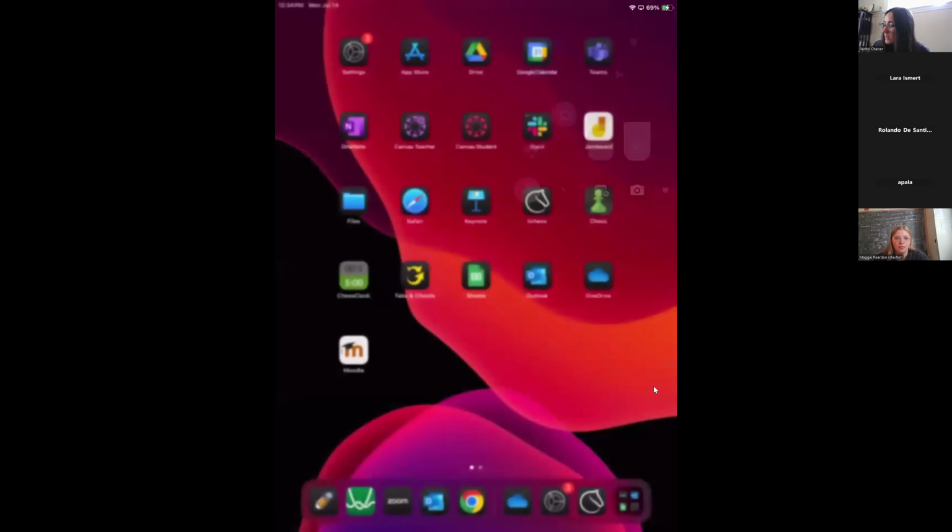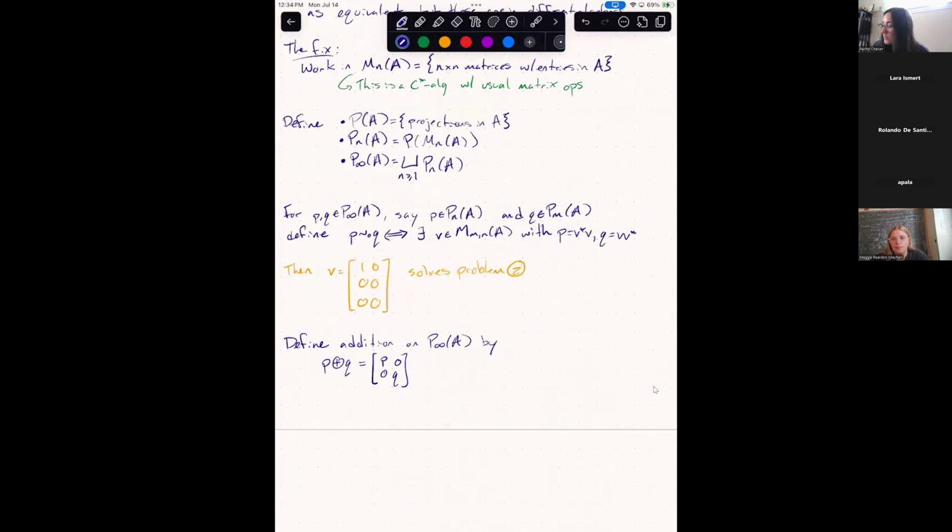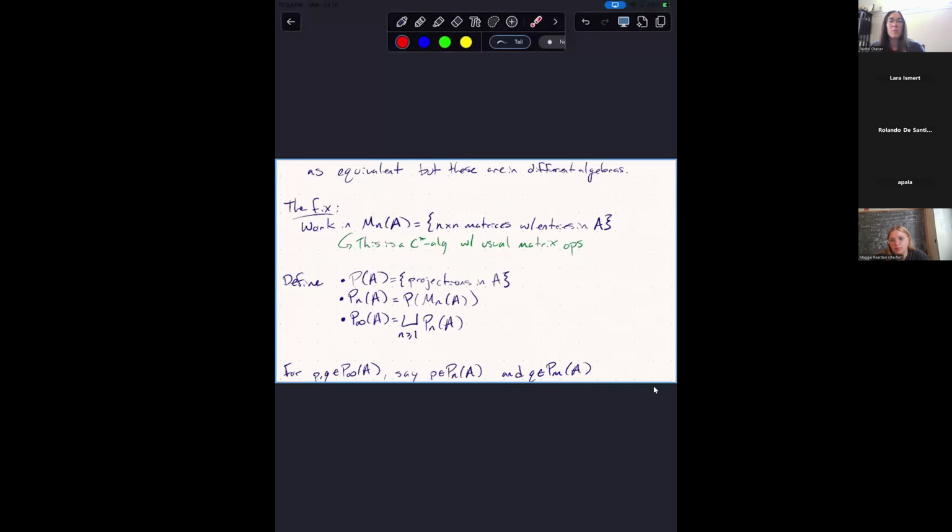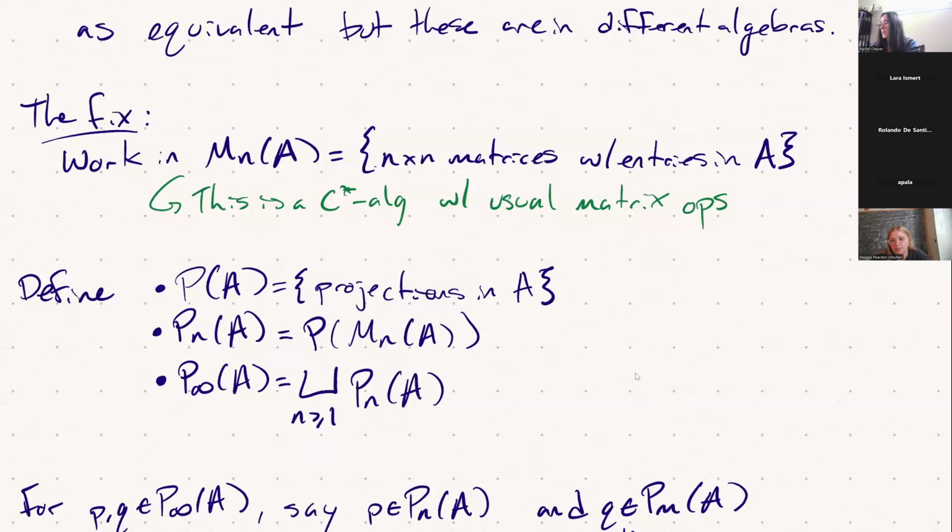Oh my God. Wait, I'm seeing something, an option. Yes. Yay. So good. Okay. Oh, but now I'm sideways. This is going to be a little bit wonky.